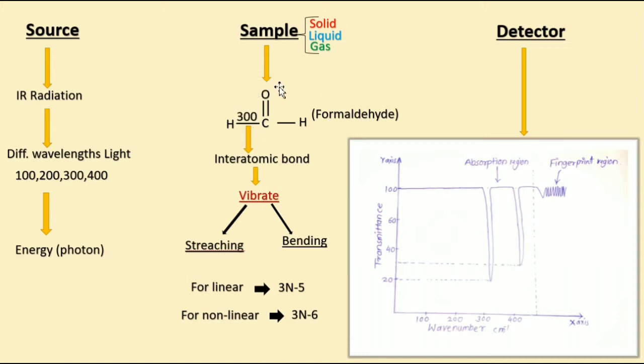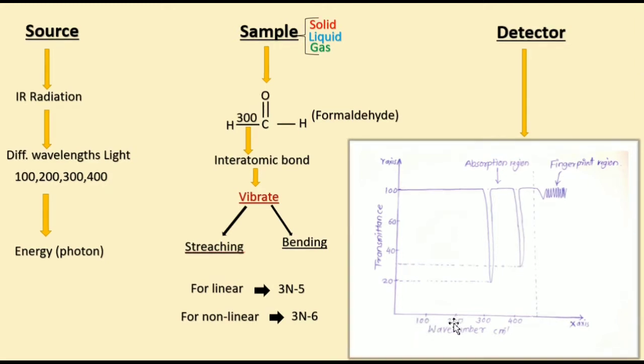This transmitted light is detected by a device present inside the spectrophotometer. The detector detects the transmitted light, and based on it a spectrum is generated. That means a graph is generated, which we call a spectrum. On the y-axis of the spectrum, we have transmittance, which represents the transmitted light, and on the x-axis we have wavelength or wave number. Light of 100 and 200 is not absorbed by the sample, and hence it is transmitted 100%.